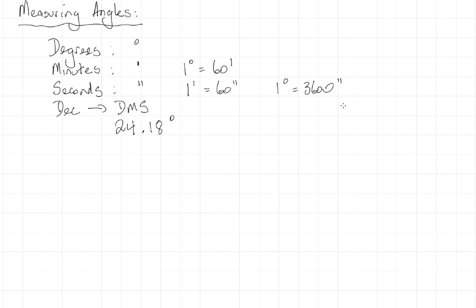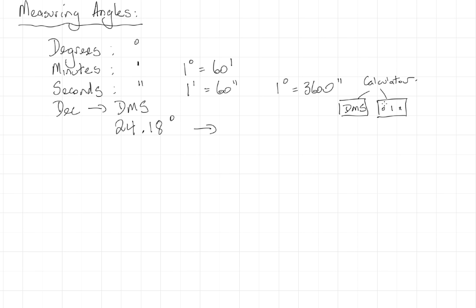Now on your calculator, you may have a DMS button, and that stands for degrees, minutes, seconds, or you may have a button that's got the degree symbol, the minute symbol, and the second symbol. So these buttons could be on your calculator. So if you type in 24.18 and then you press DMS, or if your calculator's got that one on, it will convert it to number of degrees, number of minutes, number of seconds.